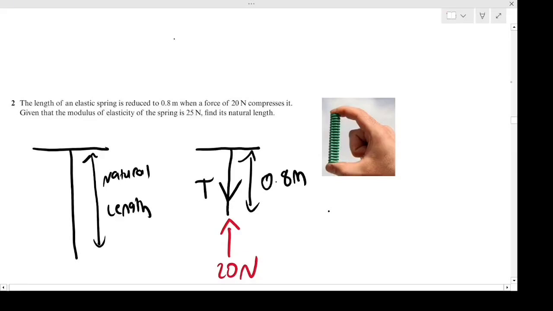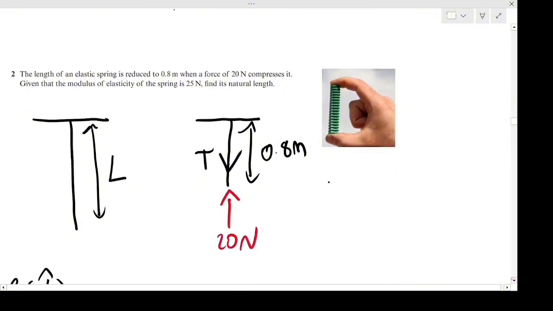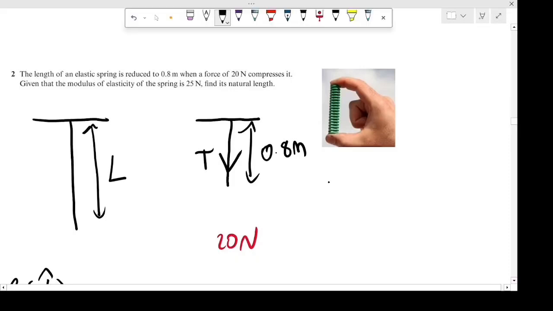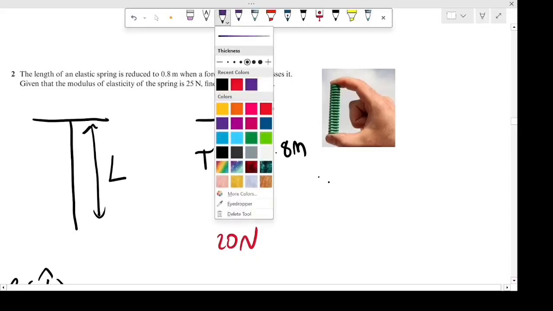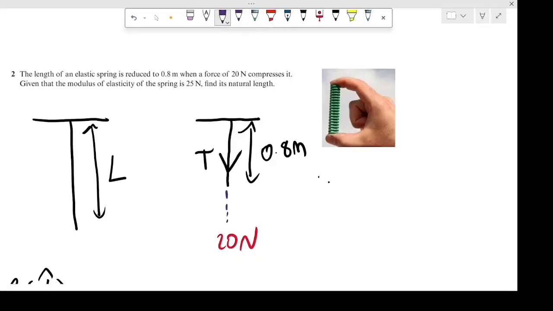Right. Well, of course, originally it was the natural length L. So if I do this, what I've done in purple is the part of the string originally that has been compressed.